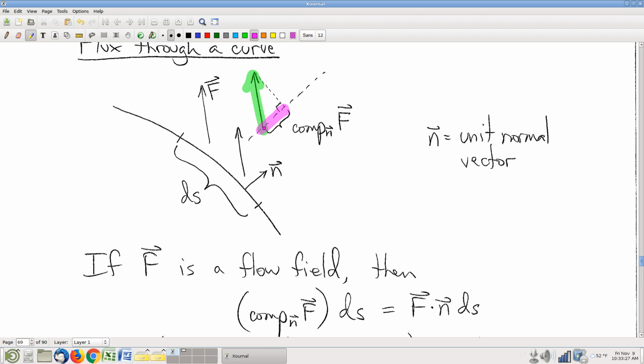So I want to know the component in this normal direction. So, the normal component of the vector field.